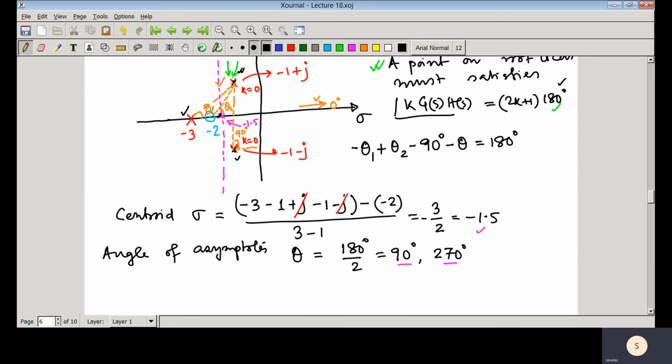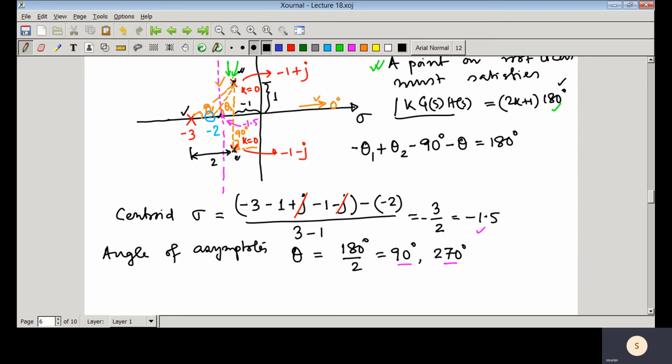So let us see what is theta 1. Here we can find theta 1. This particular length is 1, and here we can see that this length is also 1. So from here to here this length is coming 2.